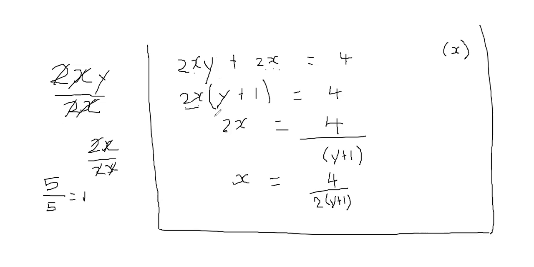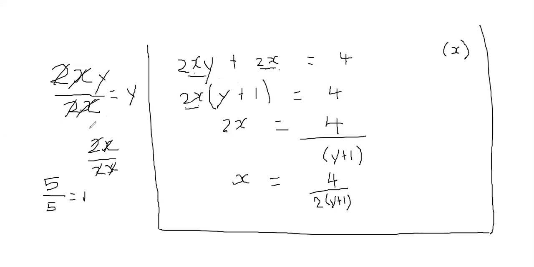Open bracket, and then we divide 2x into this term and 2x into this term. The 2x into 2xy, and the 2x into 2x. In the first case, 2xy divided by 2x, cancel, cancel.